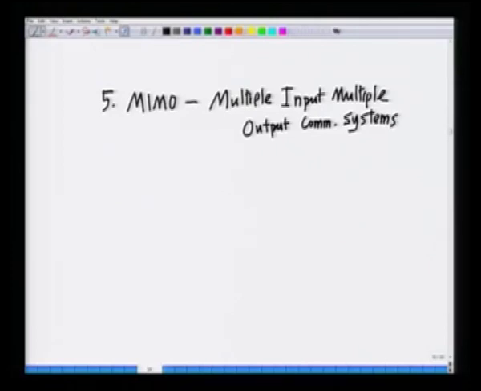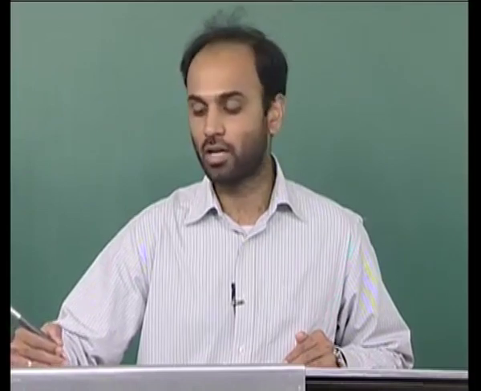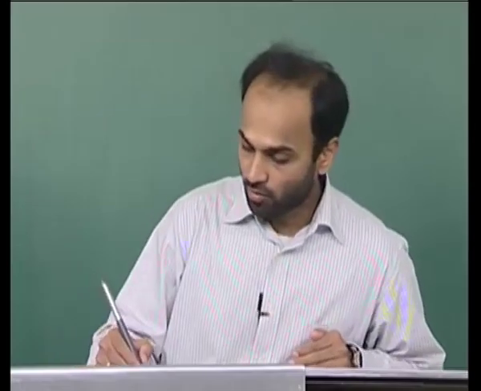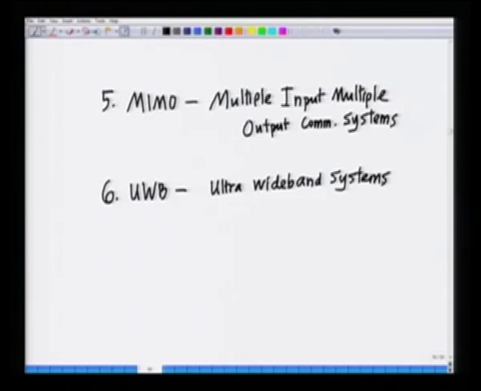These are an integral part of all 3G, 3.5G and 4G communication systems. So, we are going to spend sufficient time understanding multiple input, multiple output wireless communication systems. We are also going to talk about UWB, which is a promising technology, ultra wide band systems.